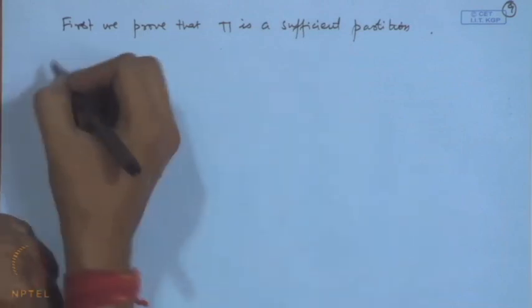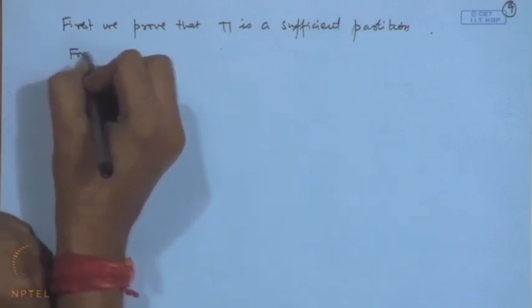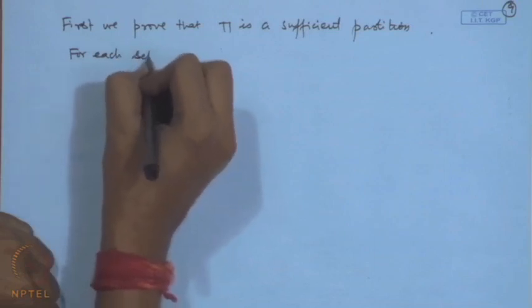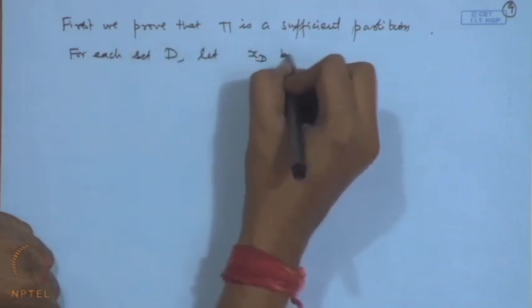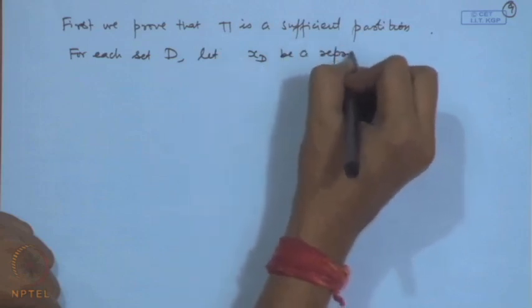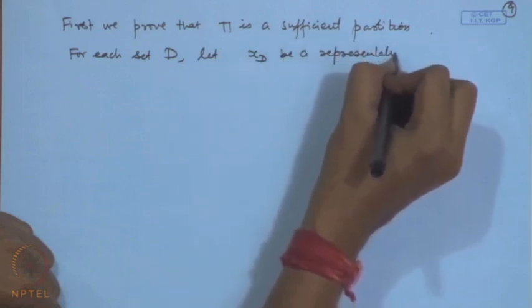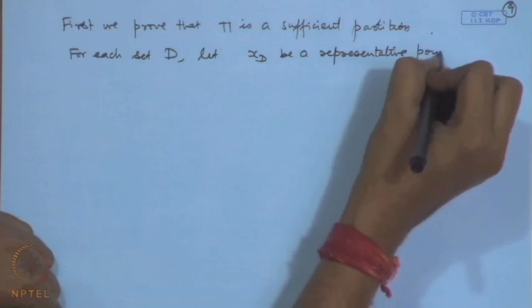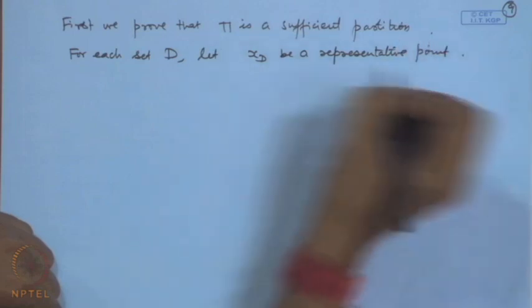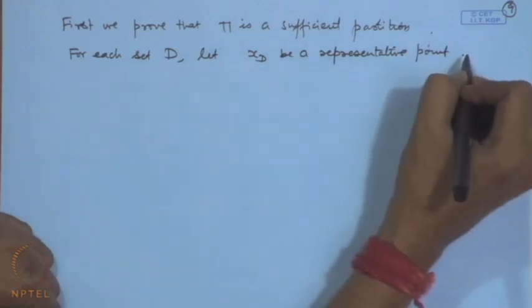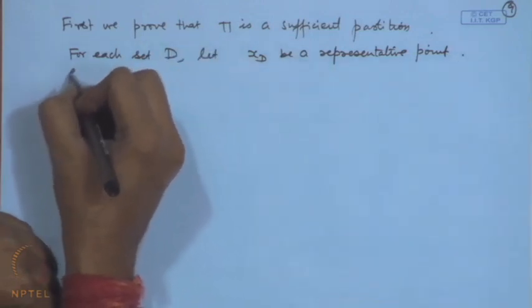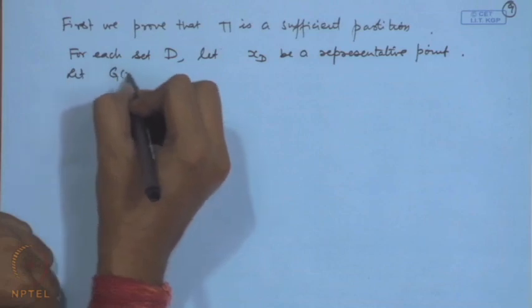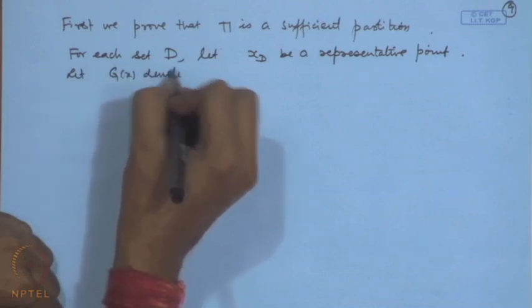Now, let us consider, for each set D, let x_D be a representative point. Now, let g(x) denote this association.